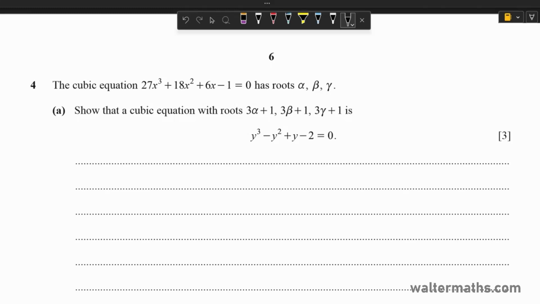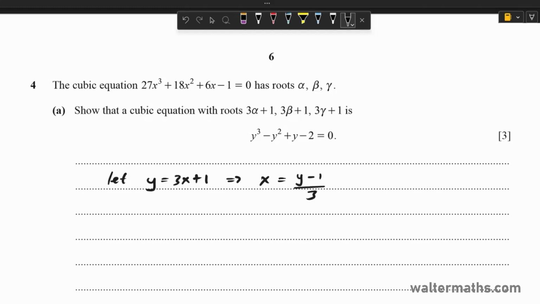So say here, let y be equal to 3x plus 1, because alpha, beta, and gamma are values of x, since these are roots of this equation. From here, we can deduce that x is therefore y minus 1 all over 3.